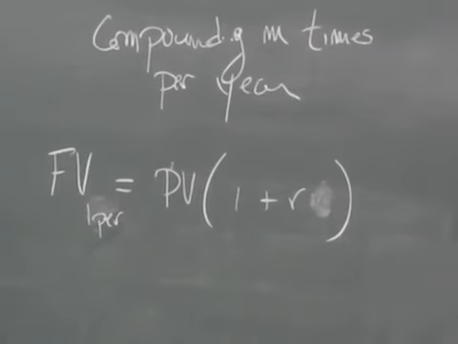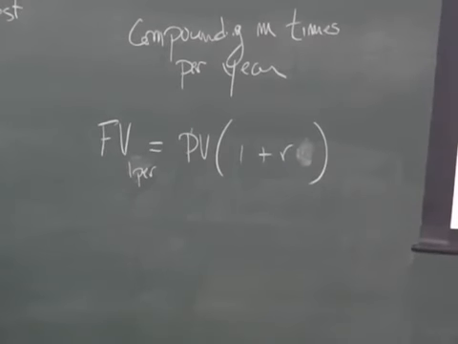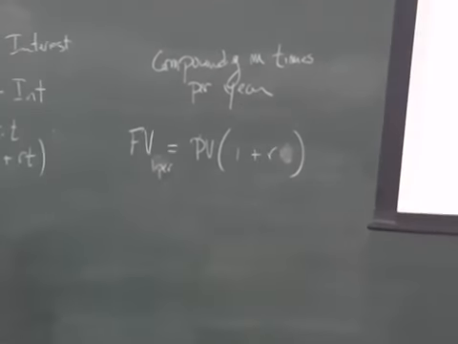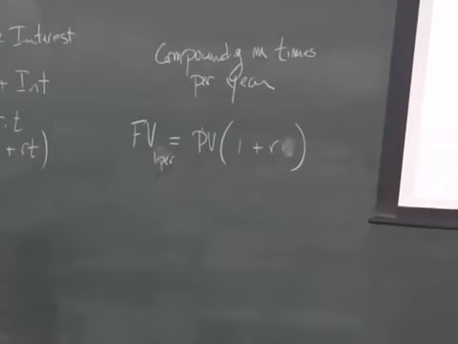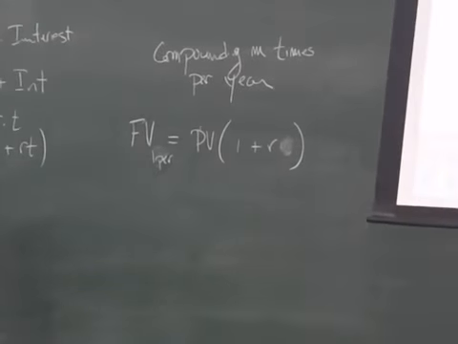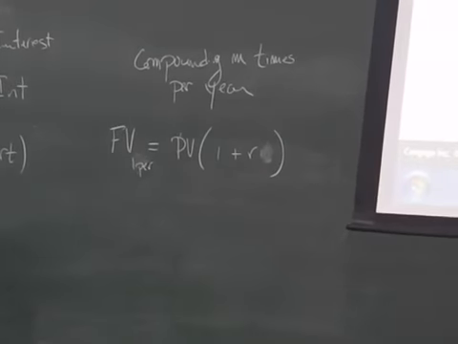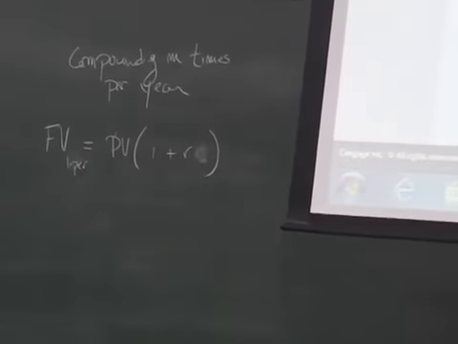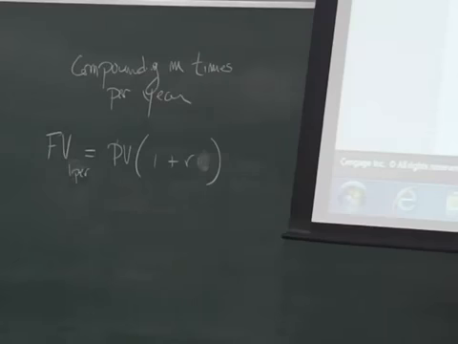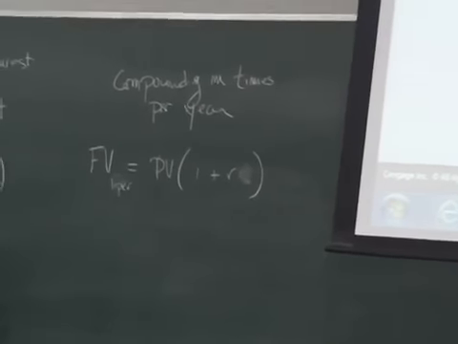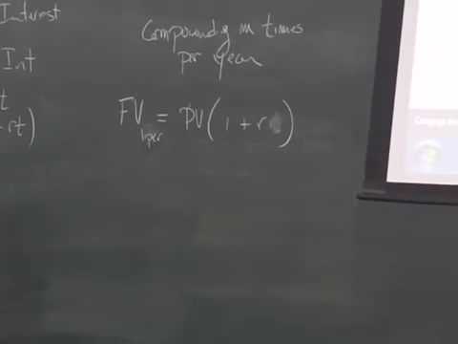But what's wrong with this? Even after I got rid of the T, what's still wrong with this? The period? No. What's wrong with this? R. What's wrong with R? Yeah, R is the interest rate per year.